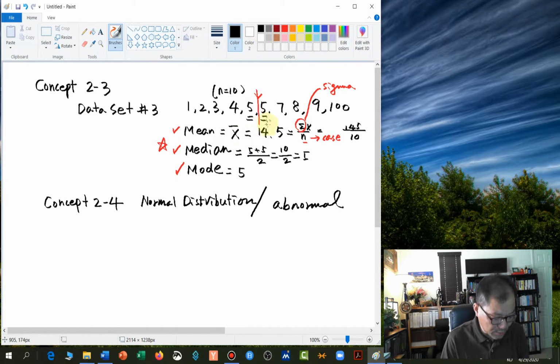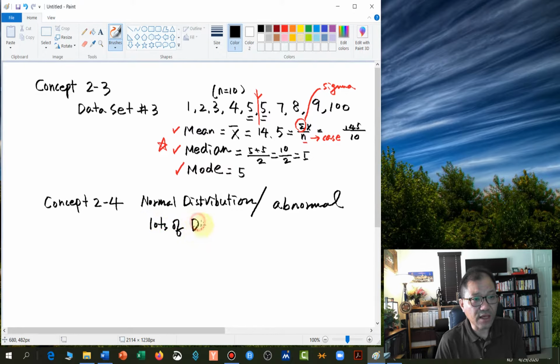Let's move to concept number 2-4. If you have a lot of data, here one assumption is you need to have big data. Well, it really depends on how big the population size is. Then you can find out distribution.